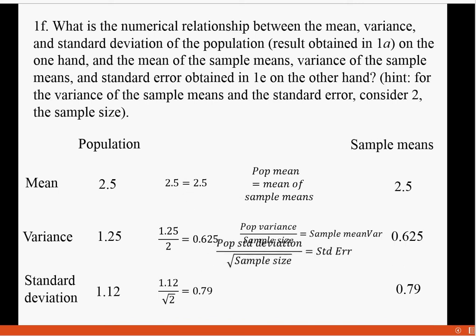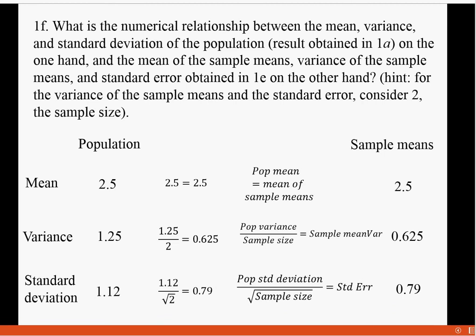In other words, the population standard deviation divided by the square root of the sample size should give us the standard error. So this is what we call the numerical relationship between the population mean, variance, and standard deviation, and the sample means' mean, variance, and standard deviation. And this is a set of very important relationships.